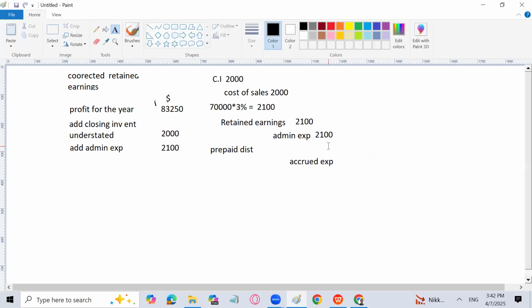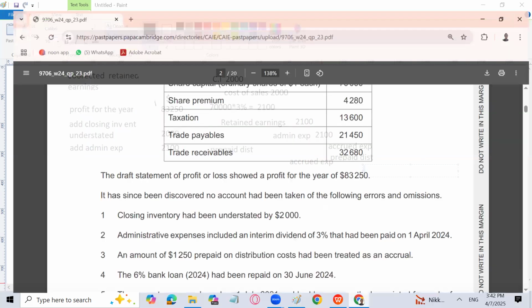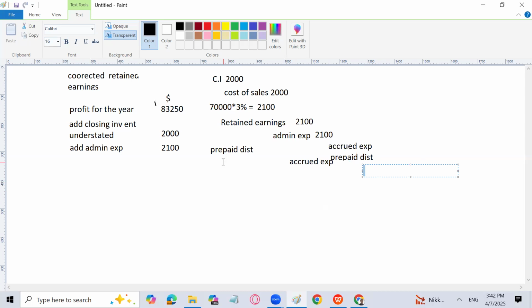Now, what you will do: prepaid distribution will be debited, and the expense is distribution expense. So prepaid distribution to distribution expense, we will write here.